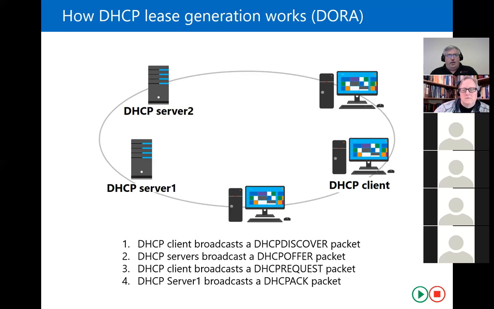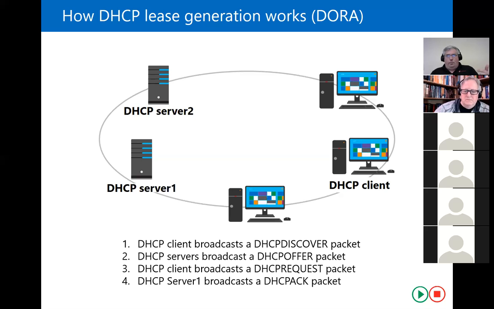Unfortunately, if you've got, say, 1,000 computers on your network and they all broadcast at once looking for a DHCP server, then you'll have a lot of congestion on your network, as well as overloading on your DHCP servers. So you want to try to limit your broadcast as much as you can. In order to do that, the hardware way of doing it is to have routers in between your segments.